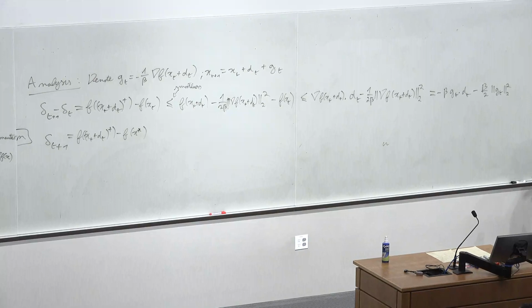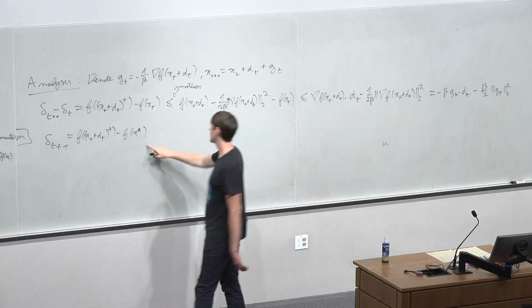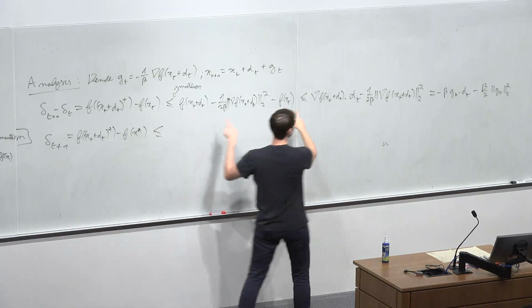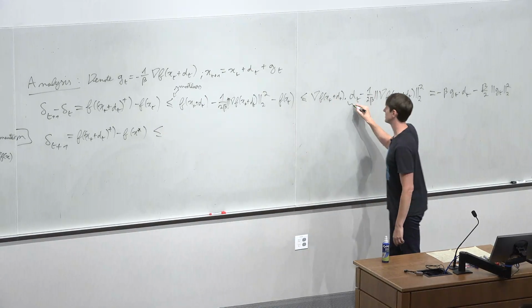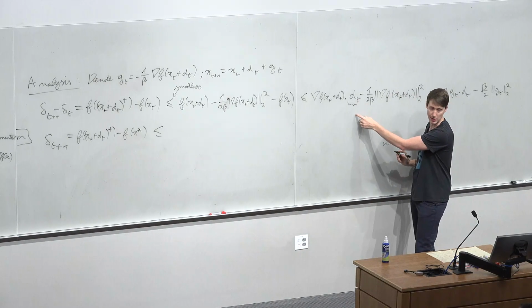This is just an upper bound on the improvement that I get from one step to the next in function value. Now let me upper bound my distance to opt. I can do the same thing; the only difference is that instead of d_t, I'm going to get x_t plus d_t minus x star.